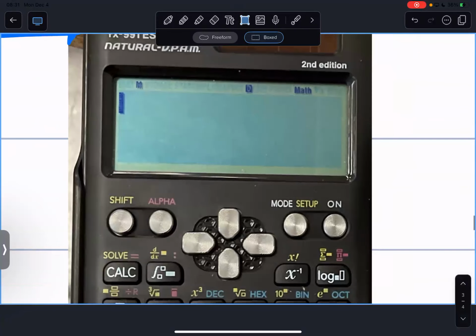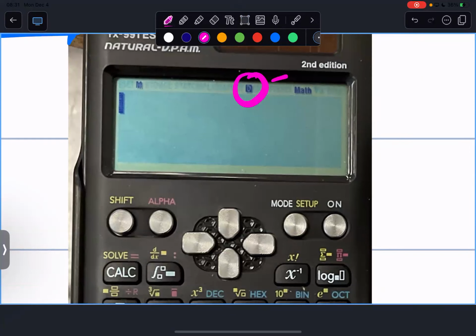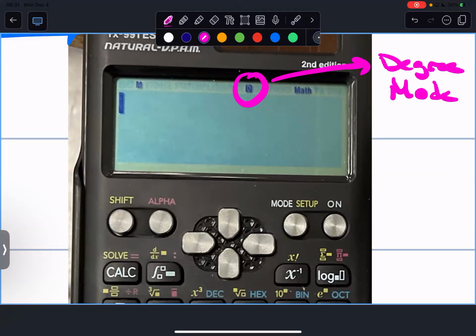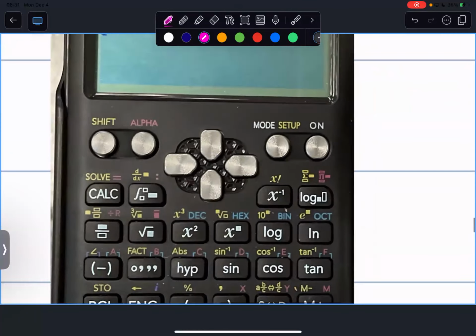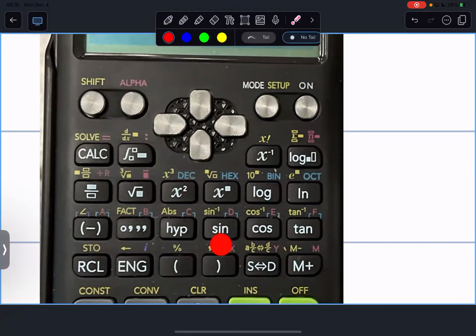So first thing, you want to make sure that you're in degree mode, because we're going to work in degrees. And then if you want to take the sine of some angle, then you would press sine, and then presumably on mine, which is slightly different, it does sine bracket and it just wants whatever you want the sine of. But we're focusing now on the inverse.